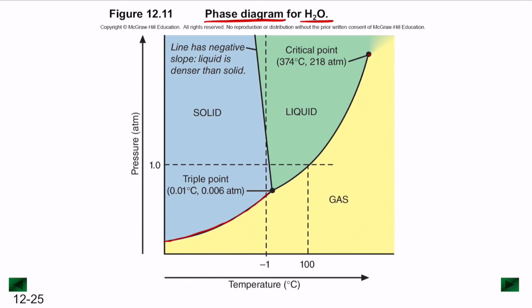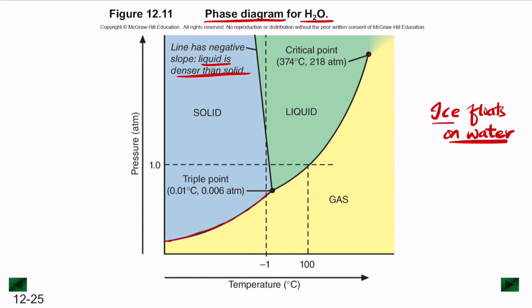One peculiar characteristic of water is that it has a negative slope in its phase diagram, which means that the liquid here is denser than the solid. This is very rare in substances, and that's the reason why ice floats on water.